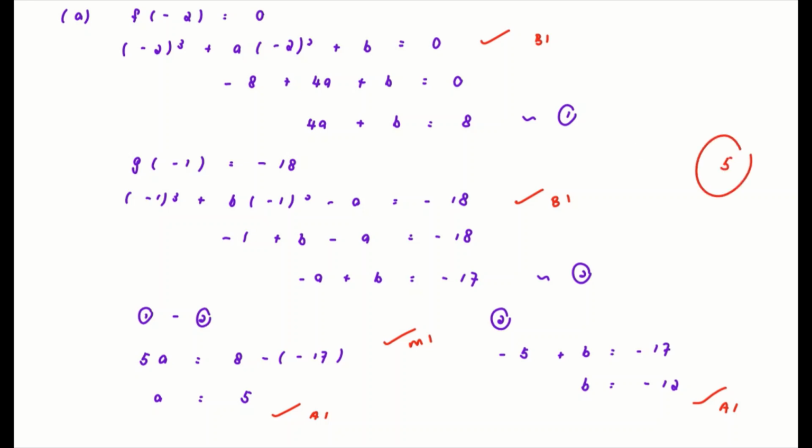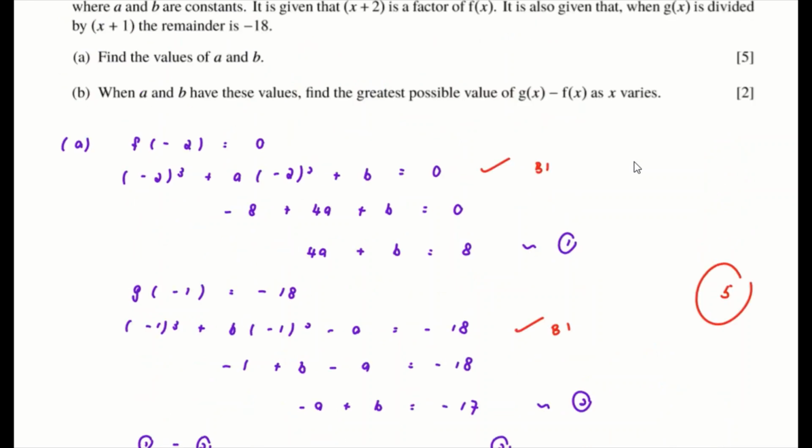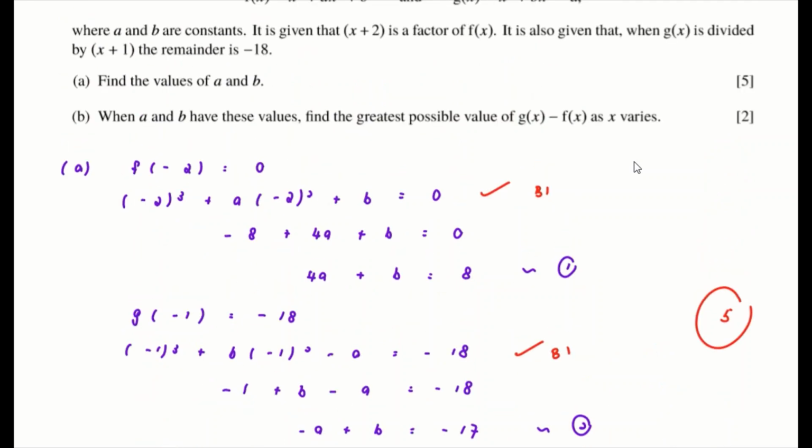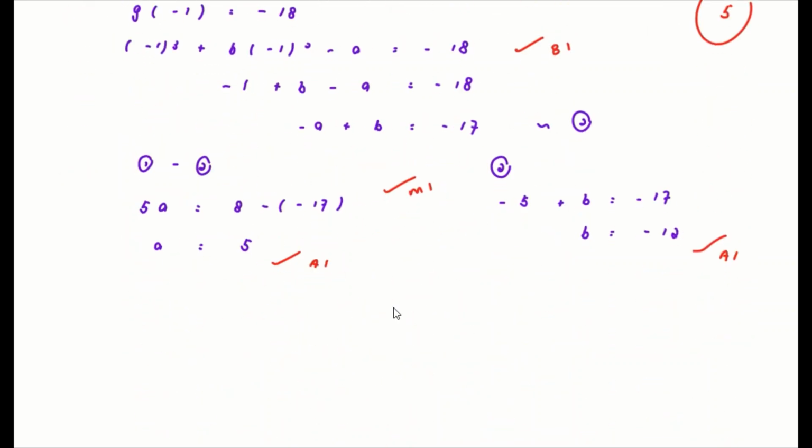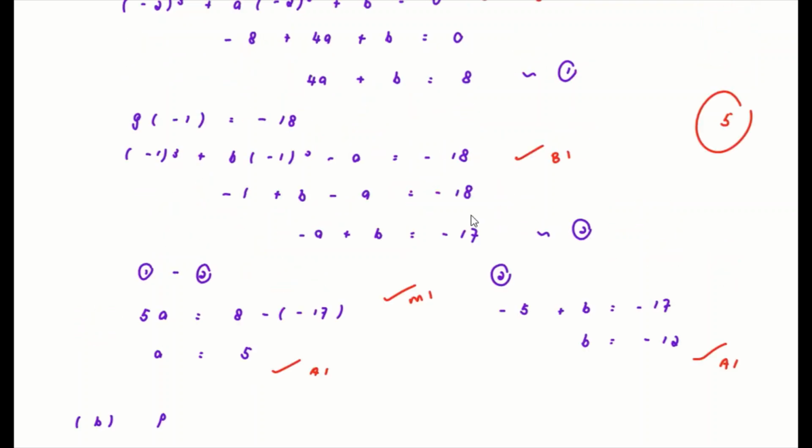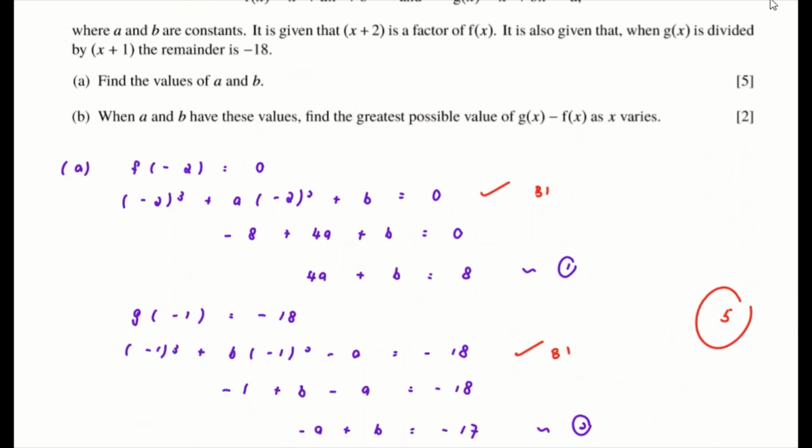Okay, so now move on to part 2. For part B, when a and b have these values, find the greatest possible value for g of x minus f of x. Let's try to write down our functions first, I guess that will be easier. So g of x minus f of x.